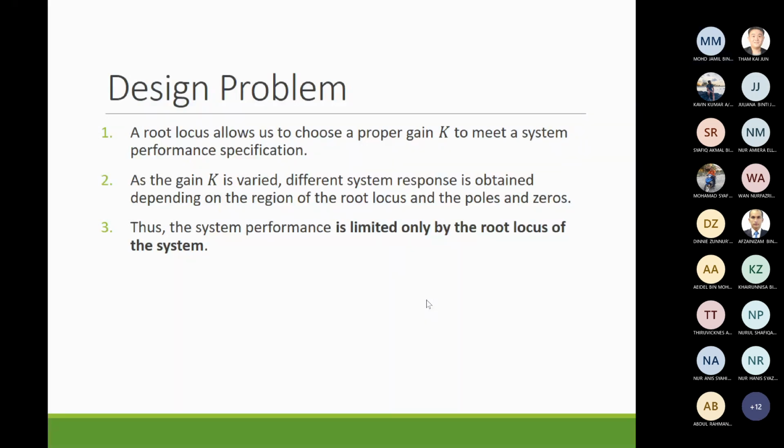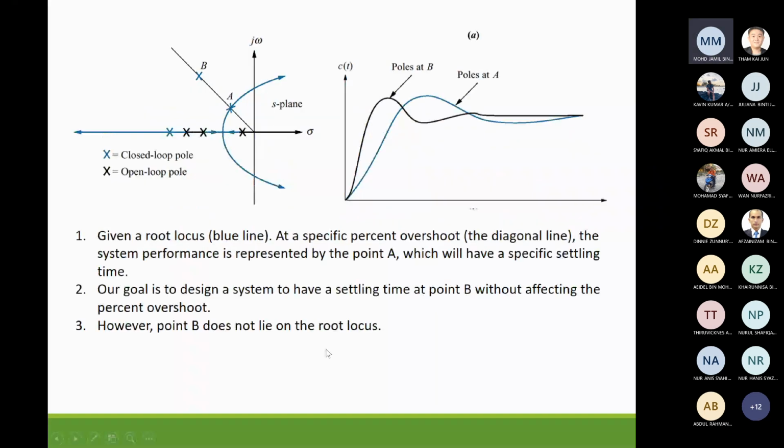The system performance is limited by the shape of the root locus that you sketch or get from MATLAB. So the system performance is limited by the location of poles on that root locus. What does this mean? For example, the blue line on the first figure here represents your root locus.